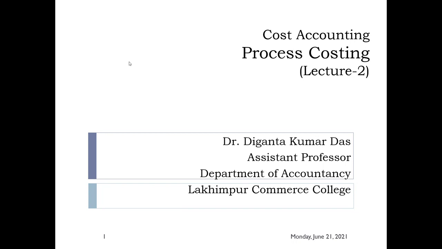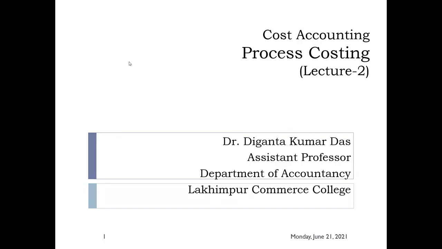First of all, we should know what we mean by process loss. Generally, process losses are of two types: normal process loss and abnormal process loss. Normal process loss is unavoidable loss, which is known to everyone.